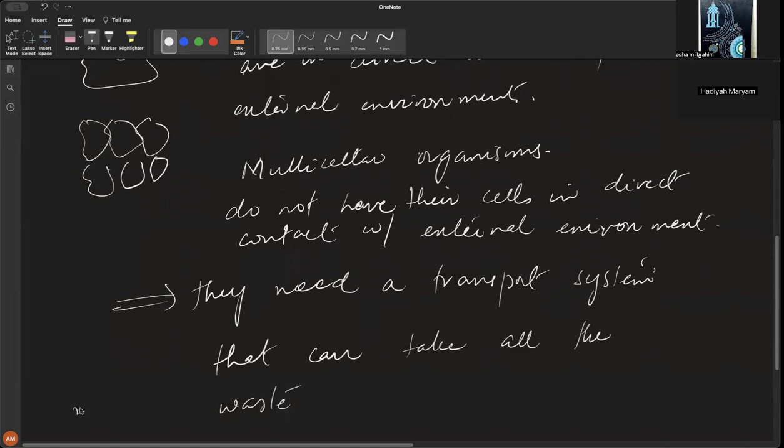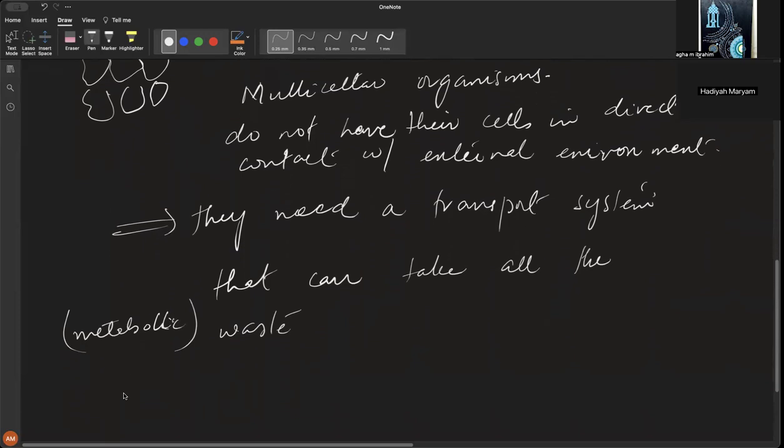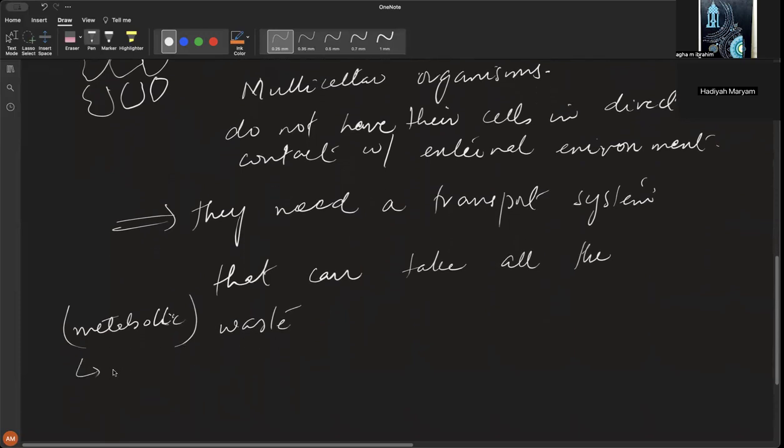Which type of waste? Metabolic waste, right? What is a metabolic waste? The waste that comes from cellular activity, right? Metabolic waste of cellular activity. If any of the substances are hydrolyzed, they need to be removed.